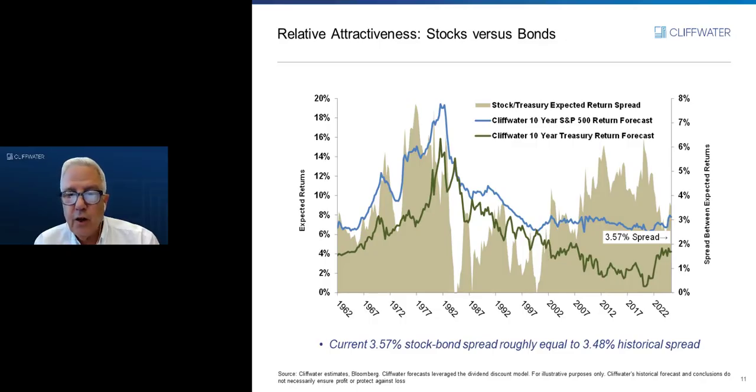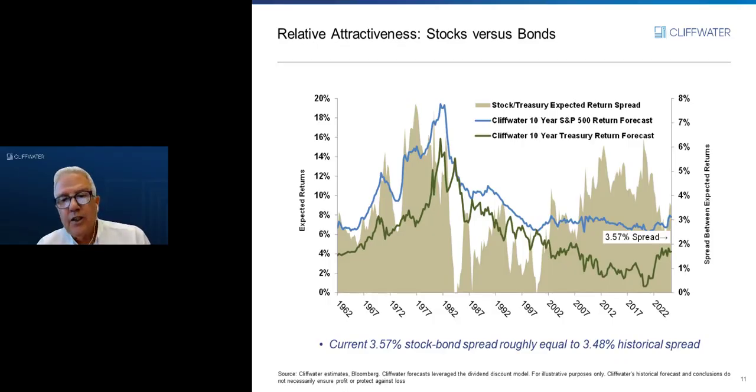What I show historically is the expected return on stocks in the blue line and the expected return on bonds in the green line. The expected return on stocks is pretty much always above bonds, as you'd expect.